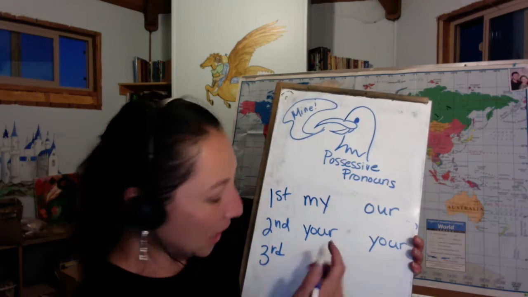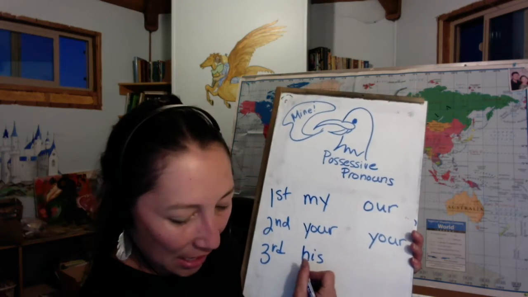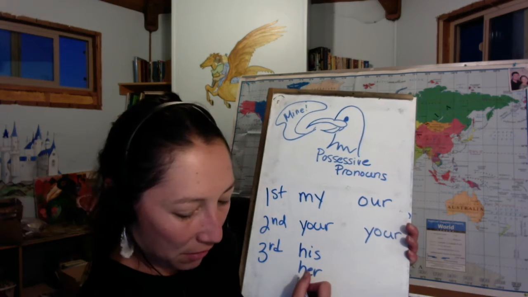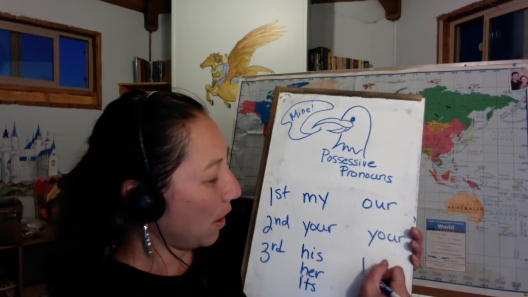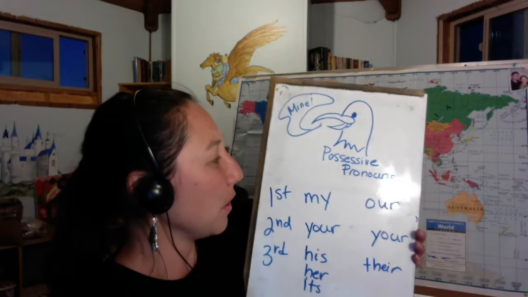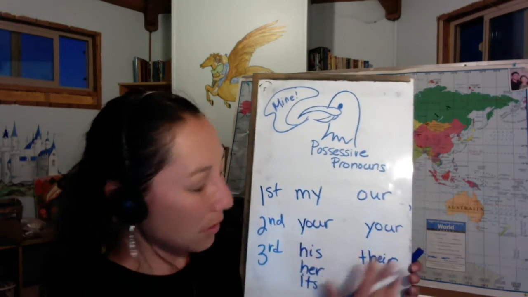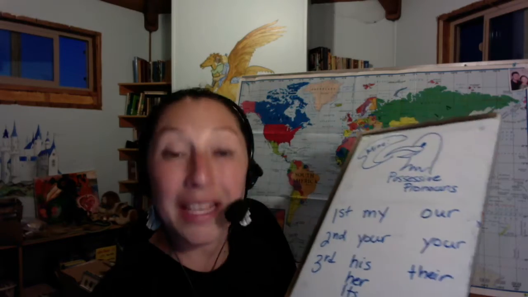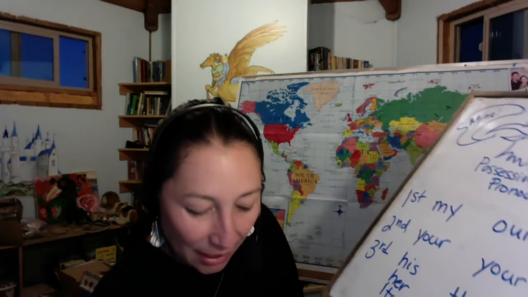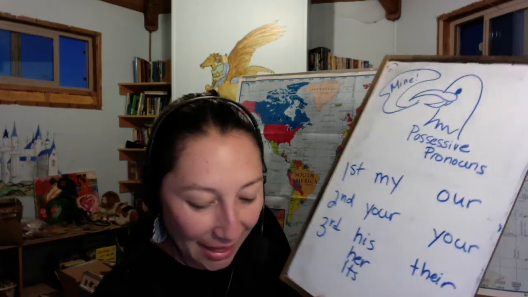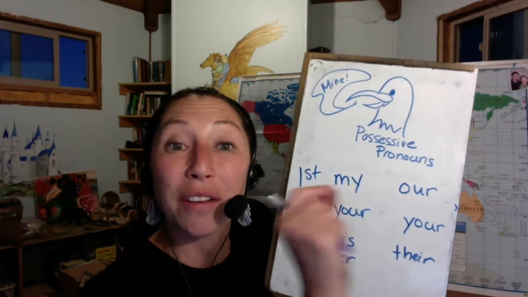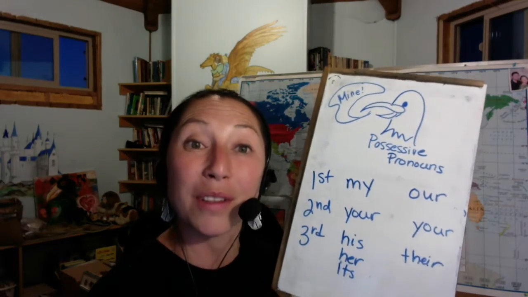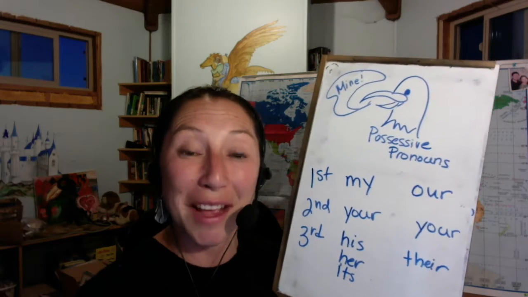The third person is his, her, its, or their if it's plural. So this little chart will help you. And as the possessive independent, we have words like mine, ours, yours, his, hers, and theirs, and it's still under the category of first person, second person, third person. So we're going to be using this chart to help us out.